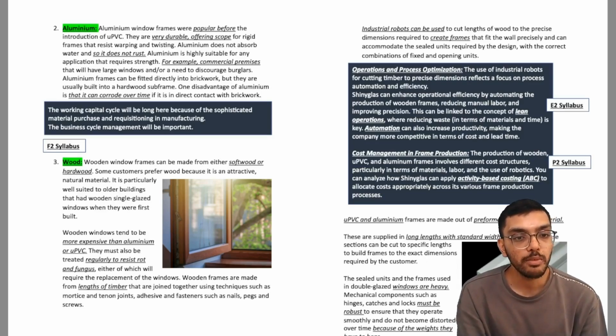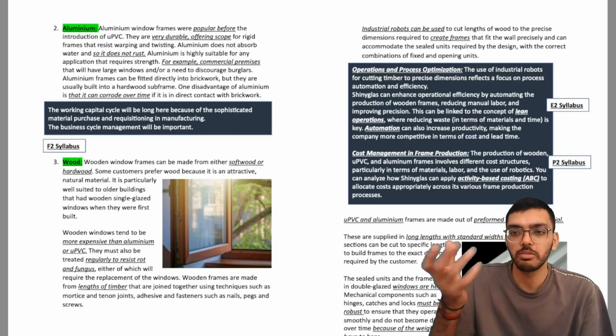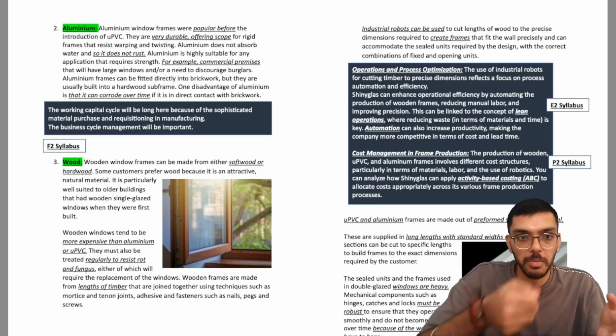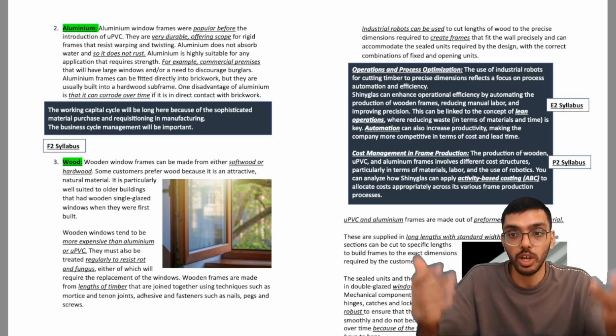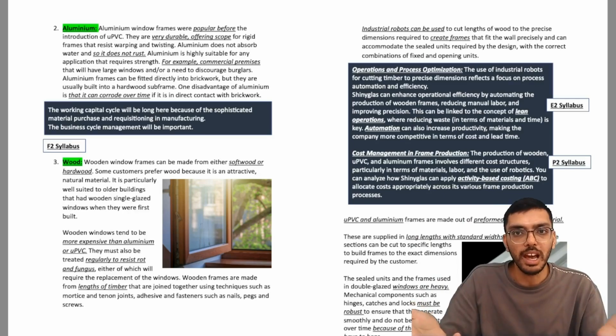Wooden frames are made from lengths of timber that are joined together using techniques such as mortise and tenon joints, adhesives, fasteners such as nails, pegs and screws. Because it's wood, it needs to be made into a window in which the double glazing glass needs to be fit. So all of this will have to be used.